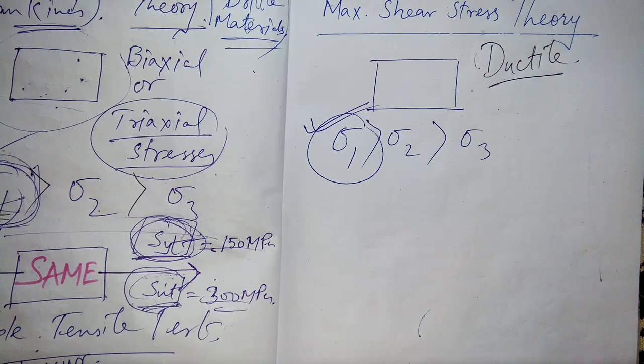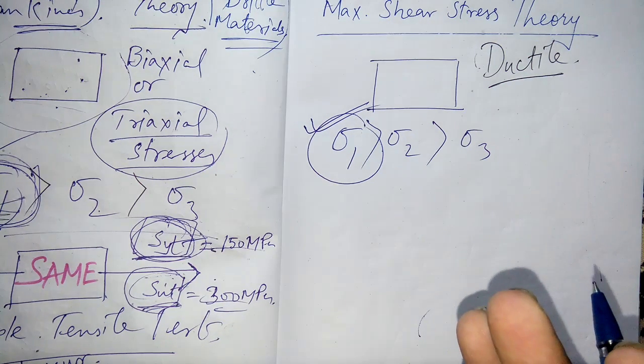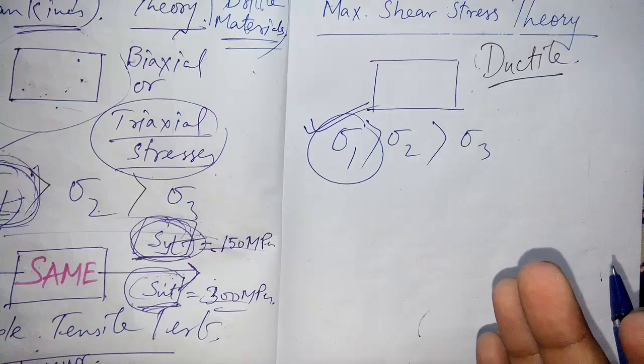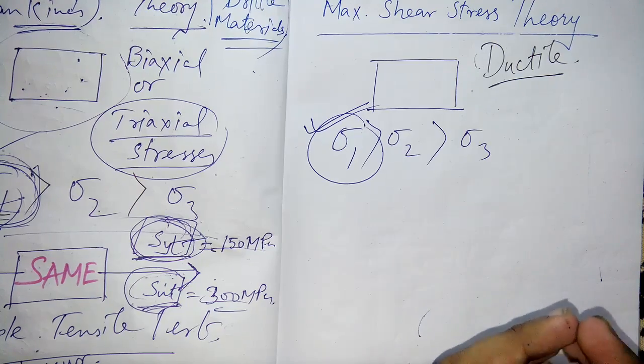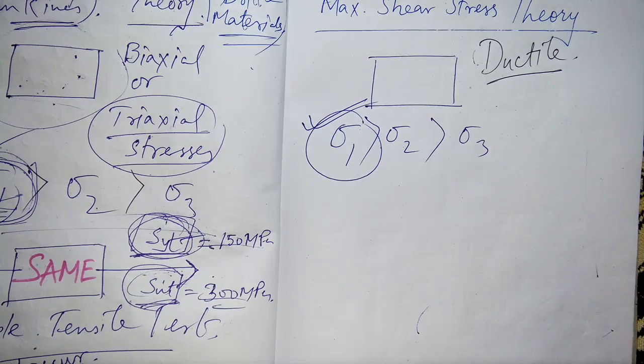We have to find the maximum shear strength of this material, because once it is crossed, yielding will occur, and that yielding is failure. In a ductile material, failure means yielding, because once a ductile material is plastically deformed, permanent deformation occurs and it is of no use. We call it failure.